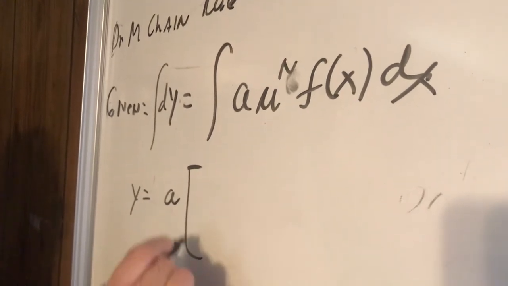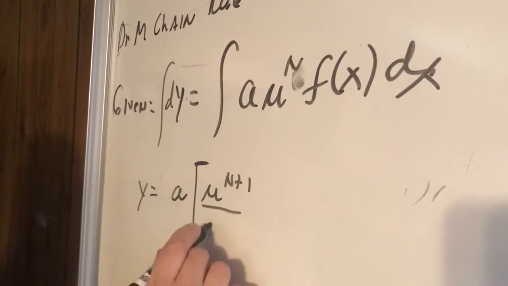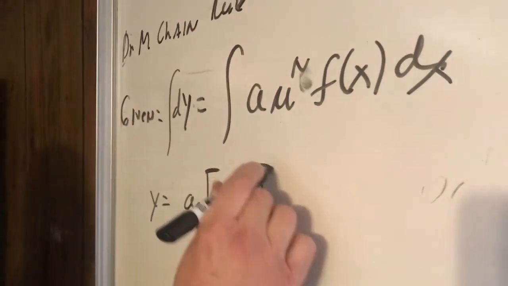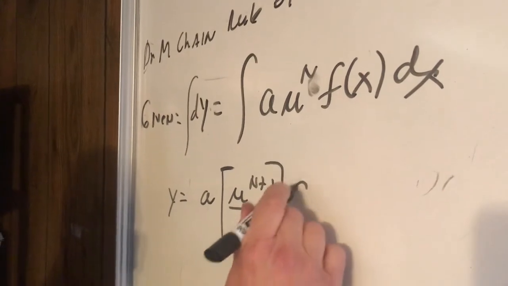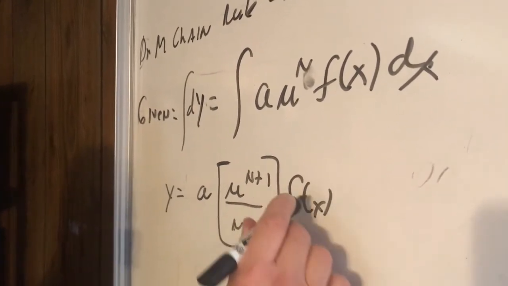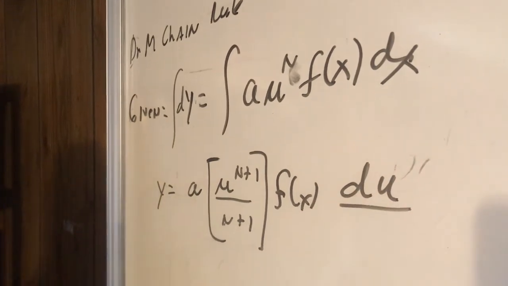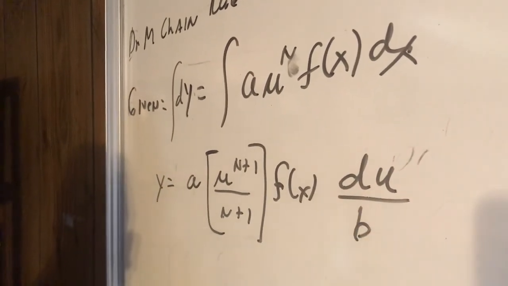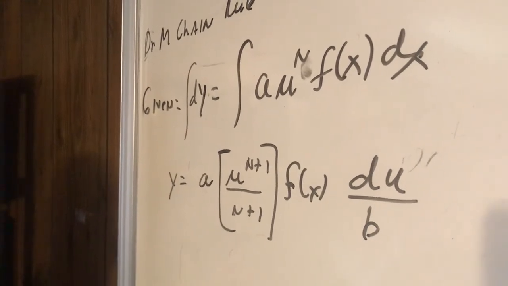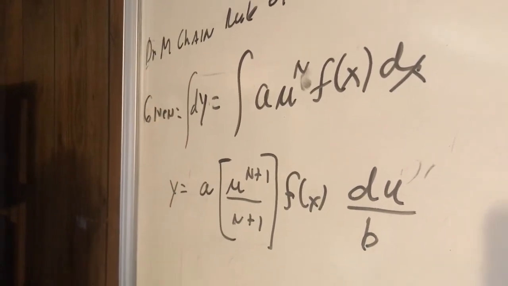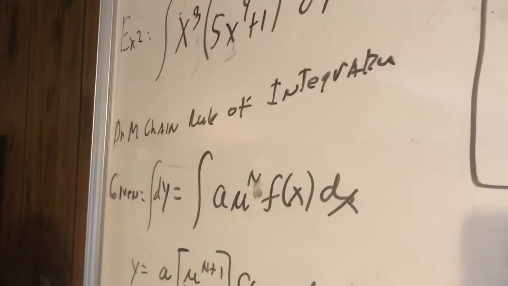didn't know I was from Canada, right? a, okay, f of x times du over b. So we have to define these. So let's look in this problem here. a is what's in front of the parentheses.